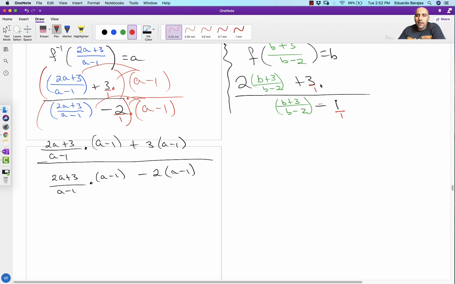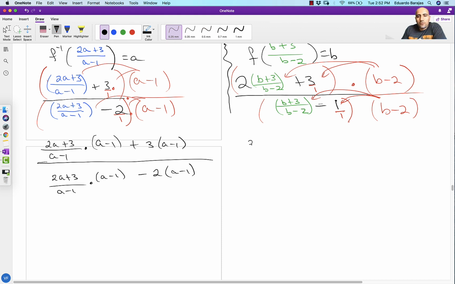Likewise, I'm going to multiply this giant numerator by b minus 2 divided by b minus 2. That's another version of 1. I'm going to have to distribute. So it'll be this times this times that, and distribute here, which will be this times this, and this times that.